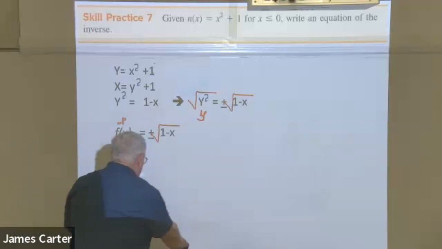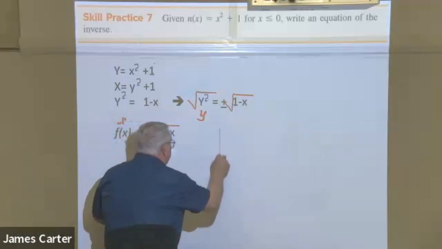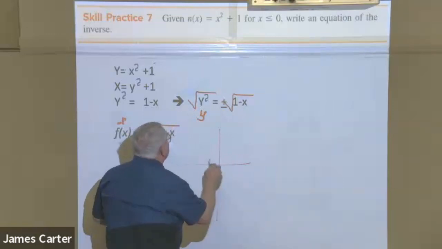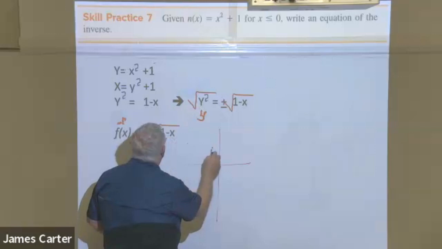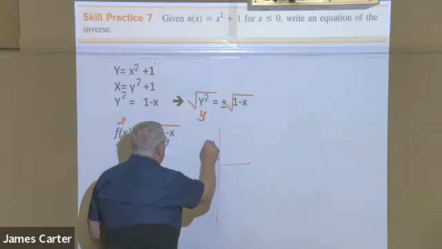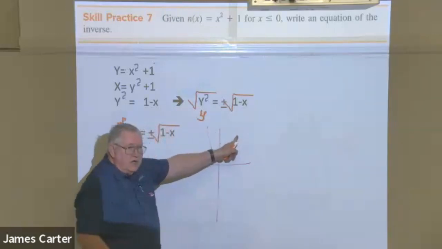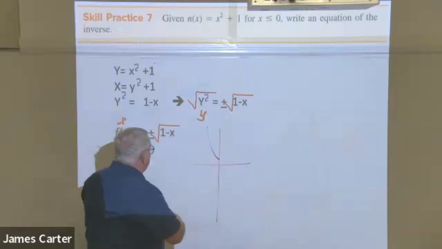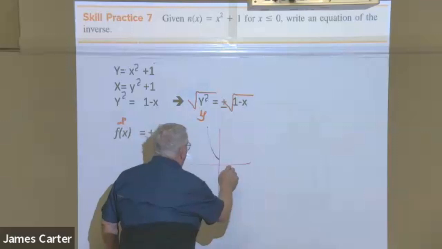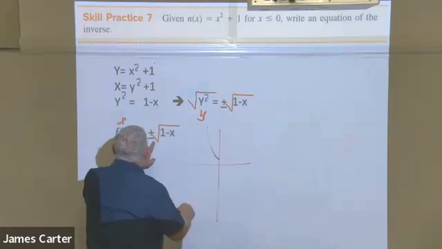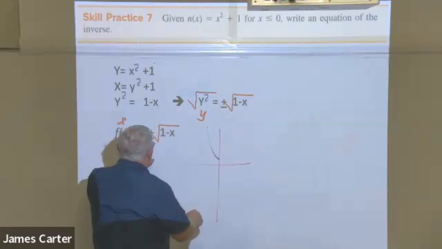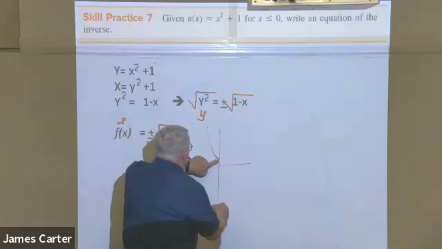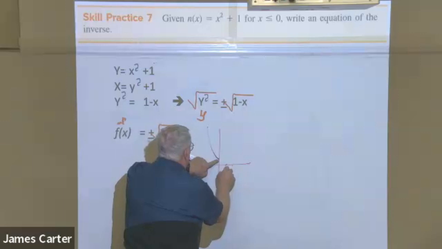Now, in this case, graph paper. The first equation, up 1, it's going to go like that because we threw away this half. The second equation is going to, in this case, well, if this is 0, 1, then 1, 0.